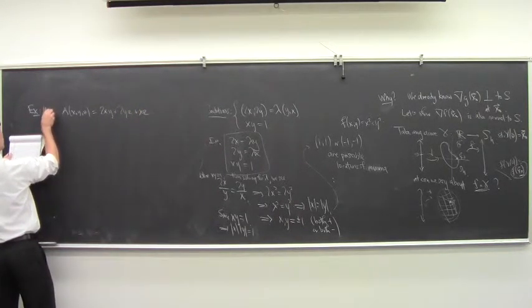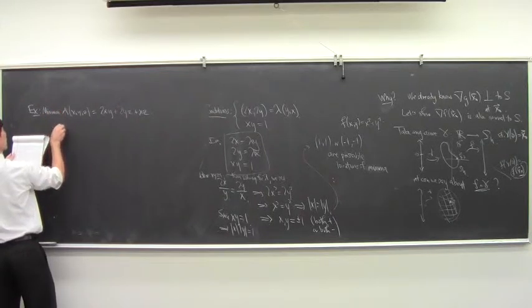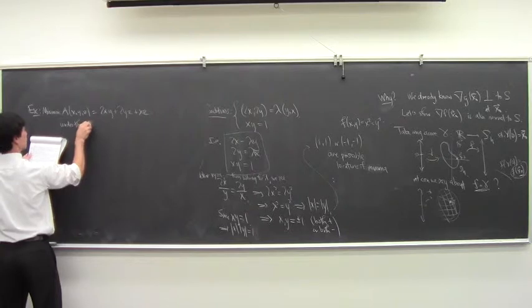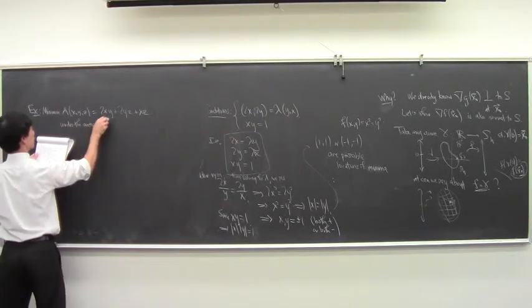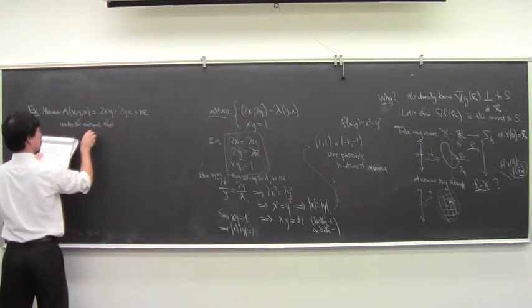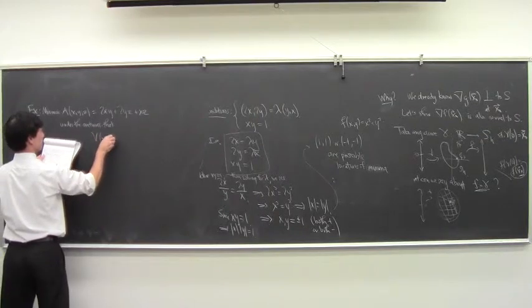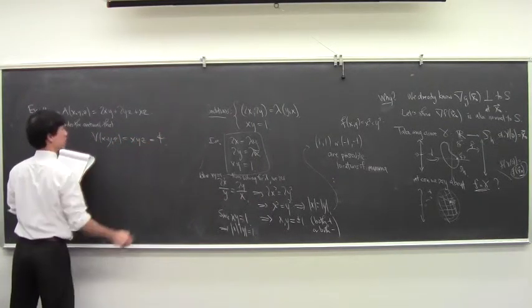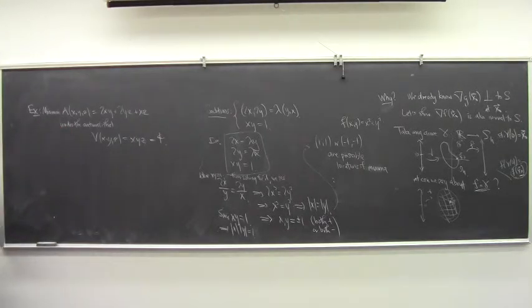Minimize this thing under the constraint that V of xyz is 4, where V is just the product x times y times z.